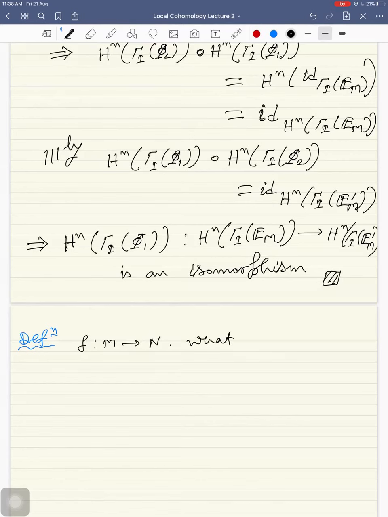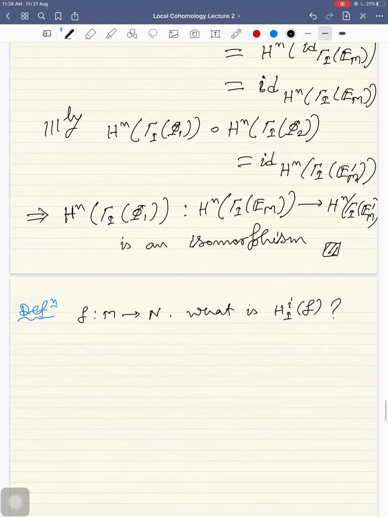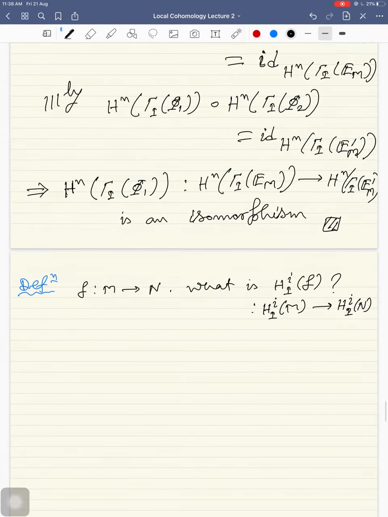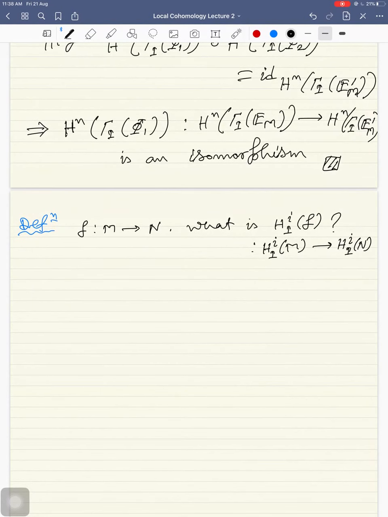Again I should write that question: what is this map? This should be a map from the ith cohomology module of M with respect to I to the ith cohomology module of N with respect to I, right? So we define that map in this way.